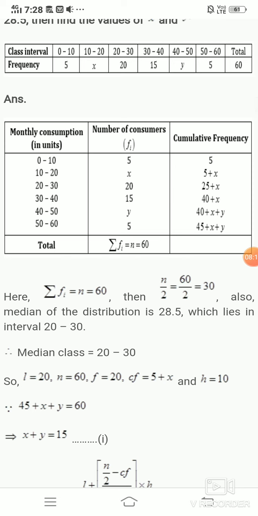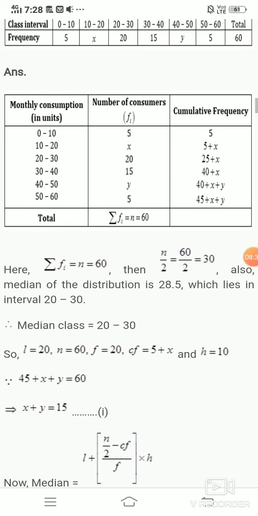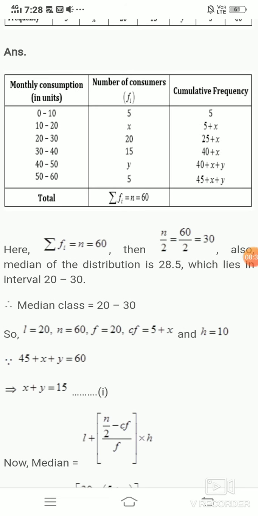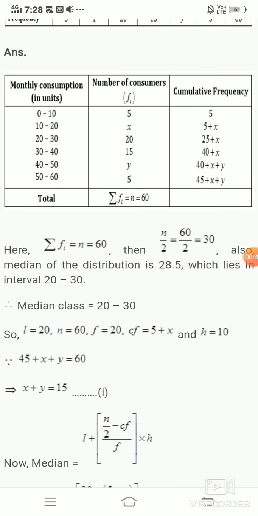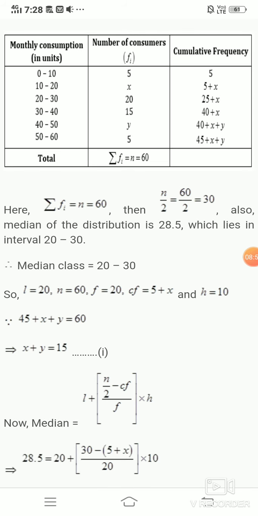Using the median class, L value is 20, N value is 60, corresponding frequency is 20, and the cumulative frequency is 25 plus x, but here it is written 5 plus x, no change, and h equal to 10.